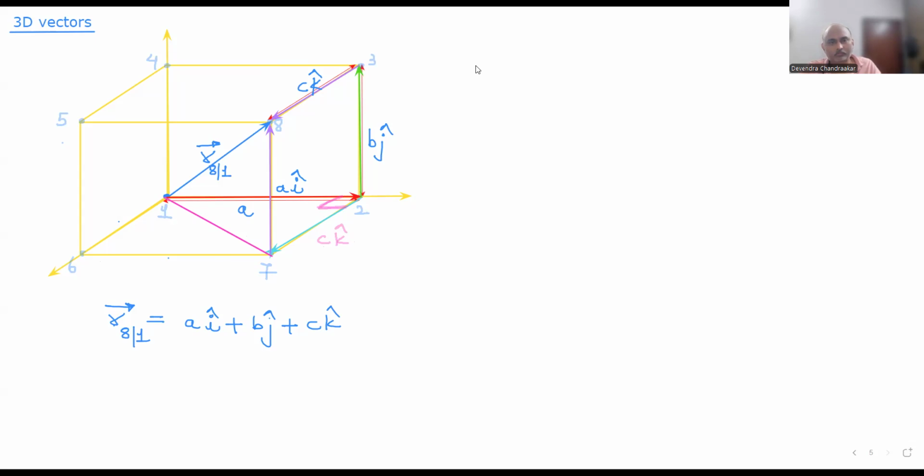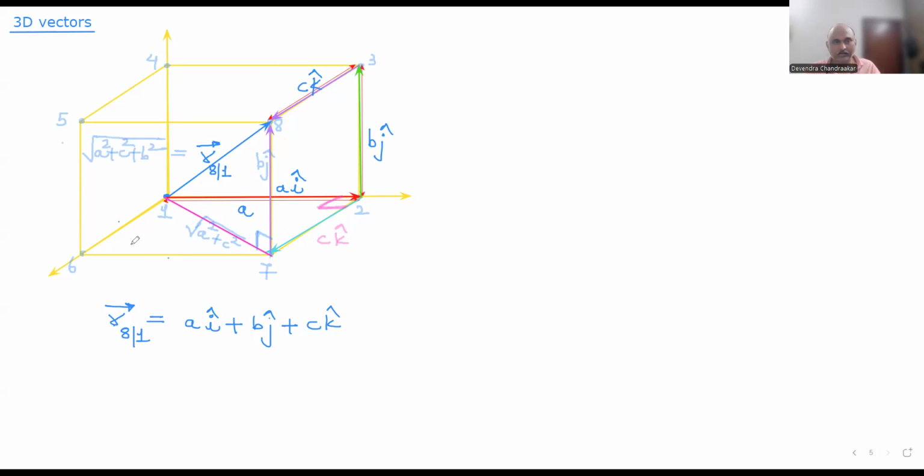Yes, sir. Right? So 1, 7 is what? 1, 7 will be root of a square plus c square. Right? Now 1, 7 is perpendicular to 7, 8. So what is 7, 8? It's B j cap. Right? So R81 will be root of a square plus c square plus b square.